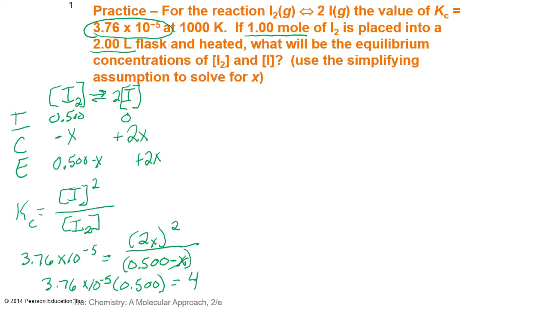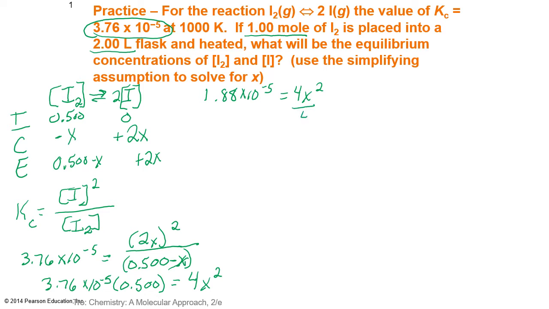When I square the 2, it becomes 4x squared. So now, as we solve the problem, we're going to multiply the 3.76 times 10 to the minus 5th, which gives us 1.88 times 10 to the minus 5th equals 4x squared.